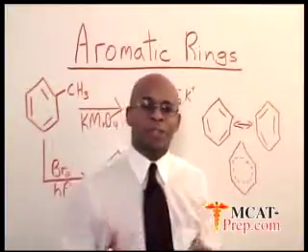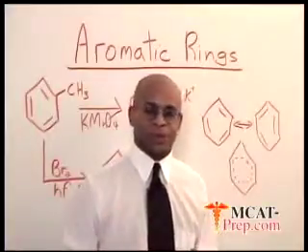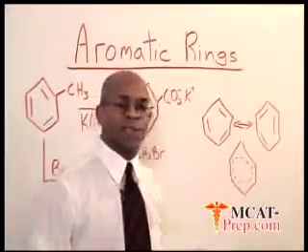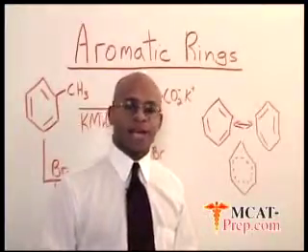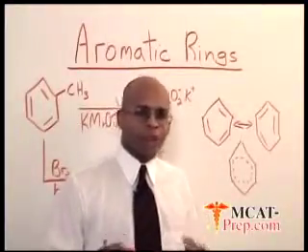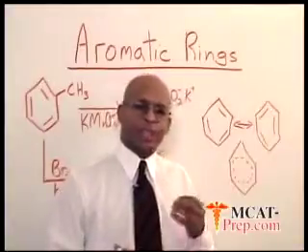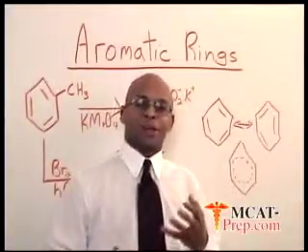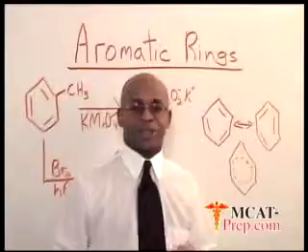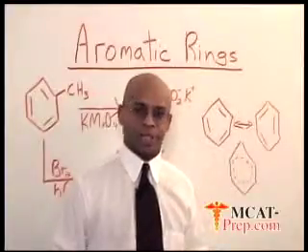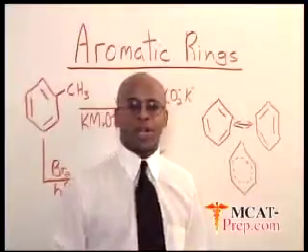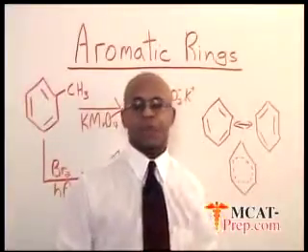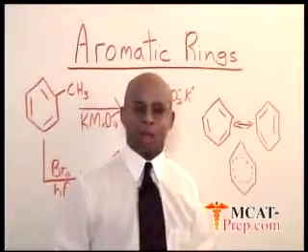So if you had to imagine what type of substance could finally add to an aromatic ring, you would have to have a compound which was extremely desirous to have electrons, and therefore would be so attracted to those electrons that it could finally enter the ring and make a bond.